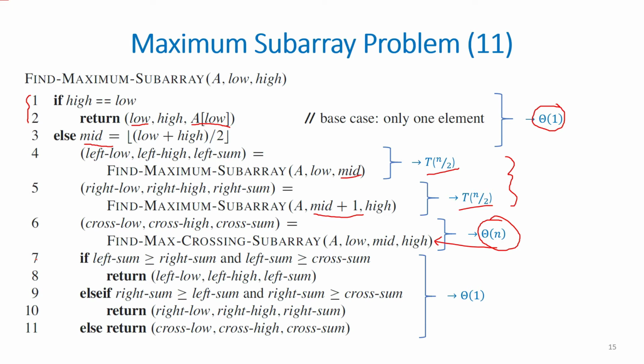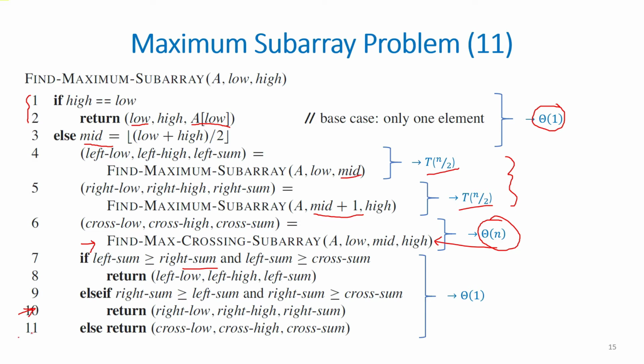Now line 7 checks if the maximum subarray found in the first half of A is greater than the maximum subarray found in the second half of A and also greater than the maximum subarray returned by this procedure, that means the subarray crossing the midpoint, then return the subarray that is entirely in the first half of the array A. A similar analysis is done to return the maximum subarray that lies in the second half of the array A on line 10.